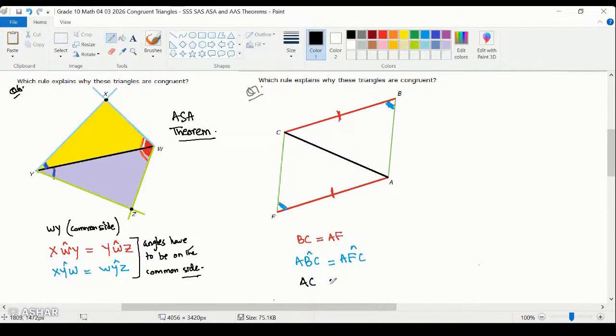That is the common side. So which property should be applied? Side side side, side angle side, or angle side angle, or angle angle side. Okay. So which of these properties would you want to apply?